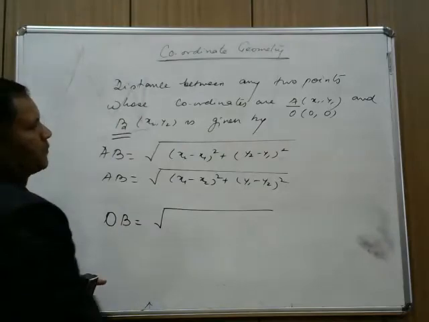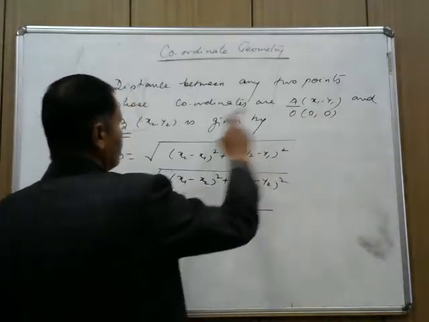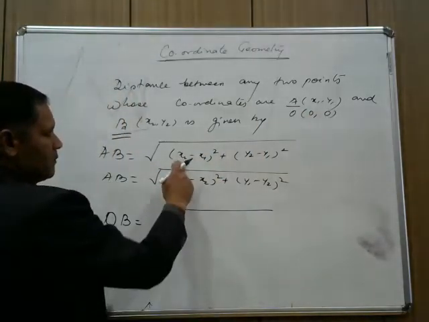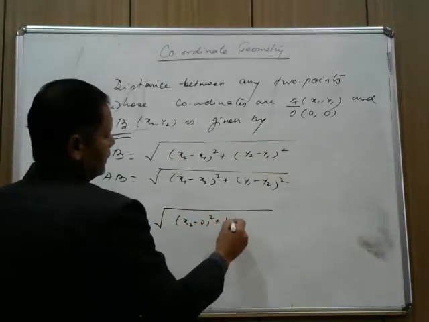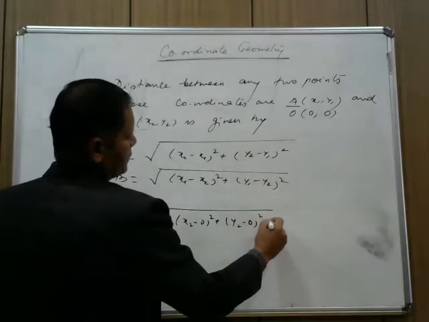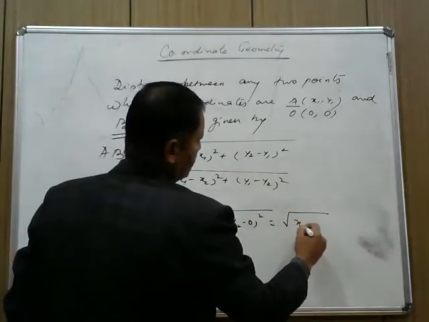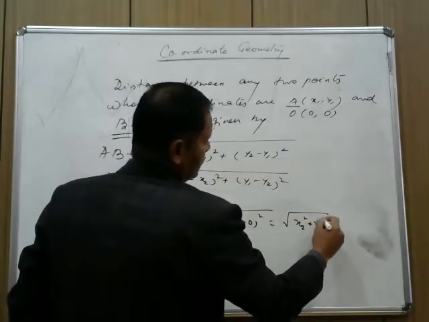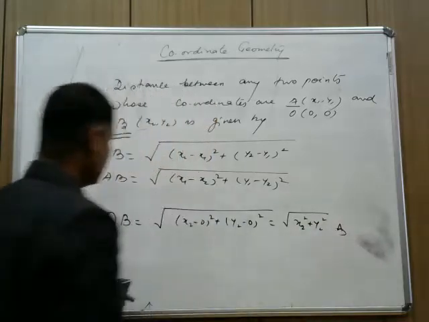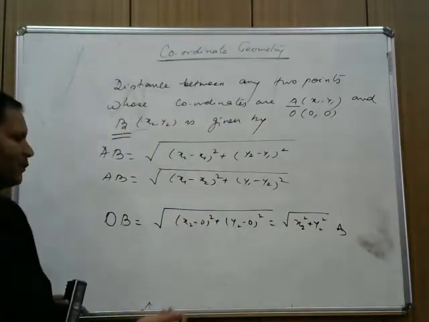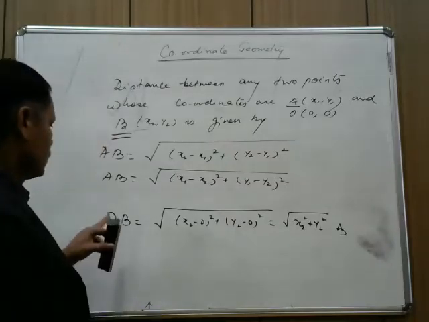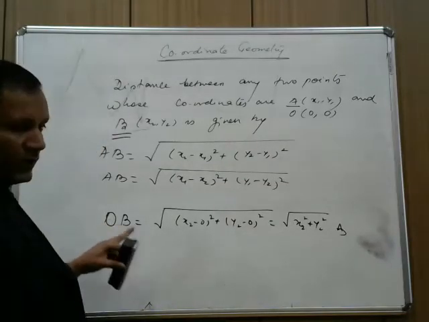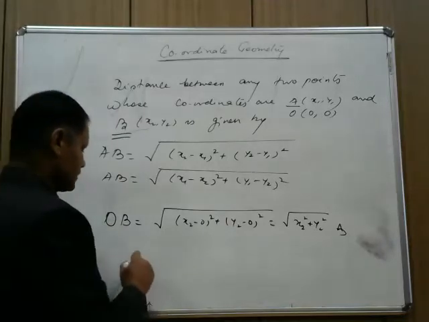Then what will happen? In place of x1 y1 we will have 0. That's why can I write under root x2 minus 0 whole square plus y2 minus 0 whole square, and that is equal to simply under root x2 whole square plus y2 whole square. Or simply, if you are asked to find the distance between any two points where one point is the origin, then simply write the squares of the other point's coordinates.